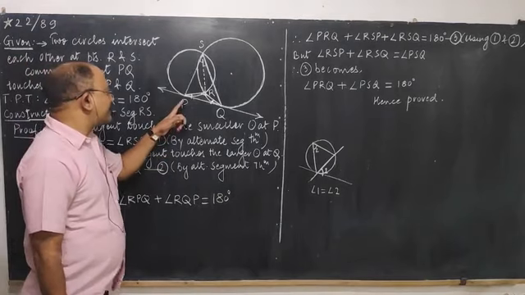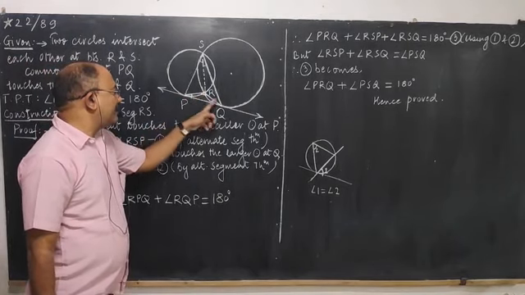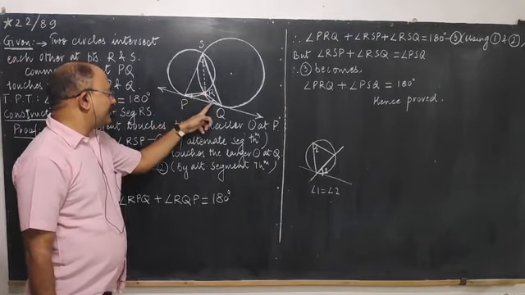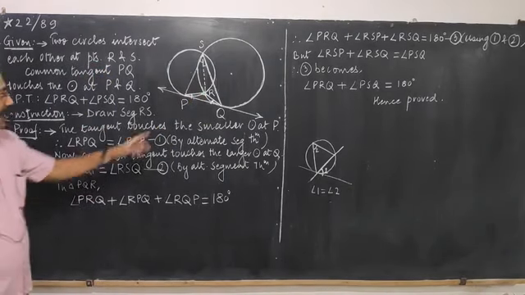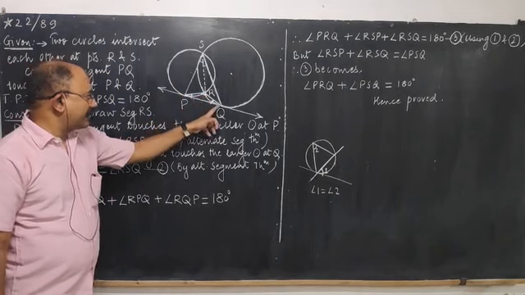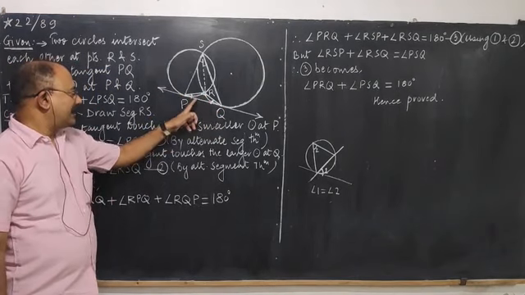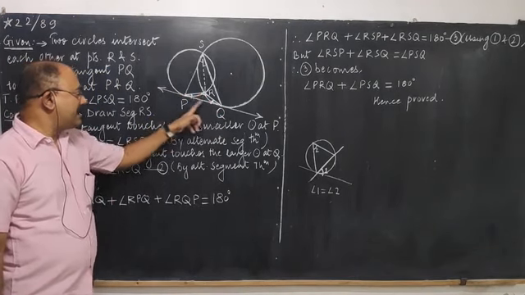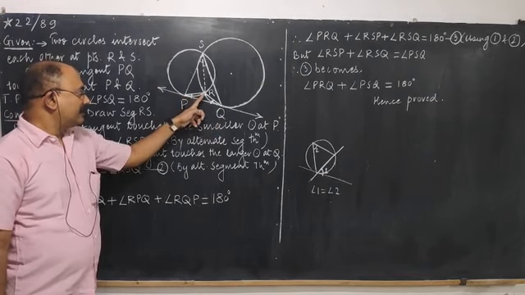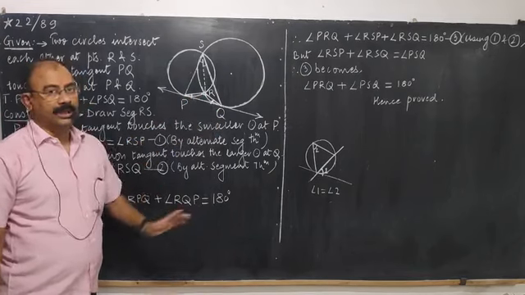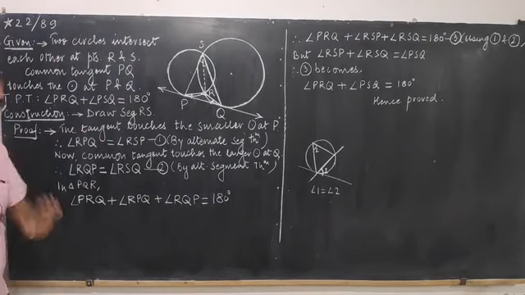Now in the triangle PQR, sum of the three angles is equal to 180 degrees. So we started like that. Angle PRQ plus angle RPQ plus angle RQP, तीनों एंगल्स की टोटल 180 डिग्री आती है, ये हम लोगों को मालूम है.